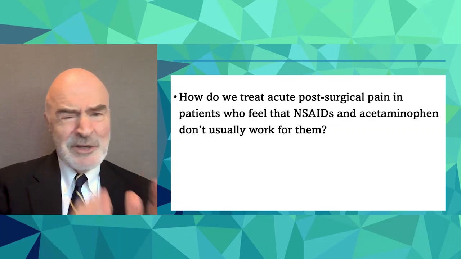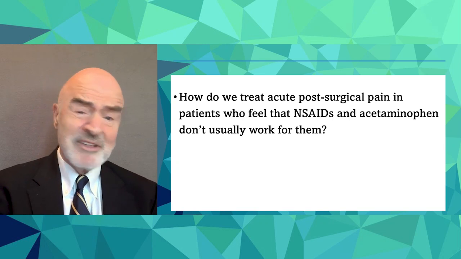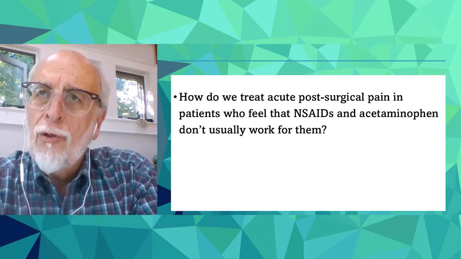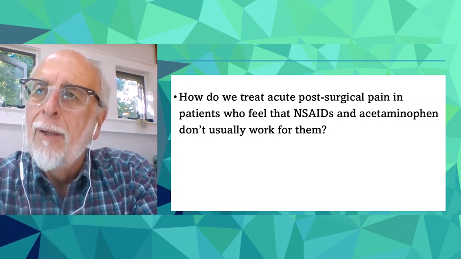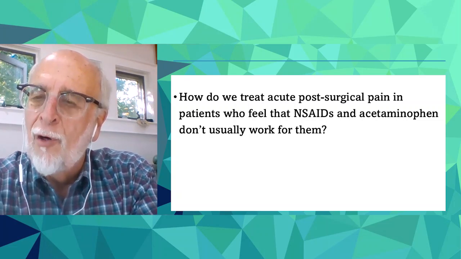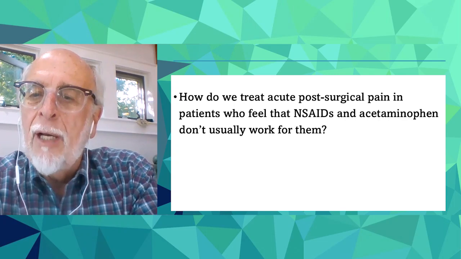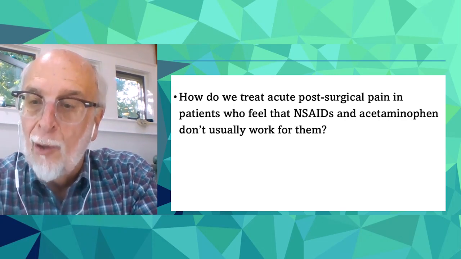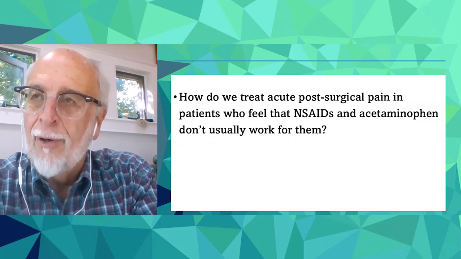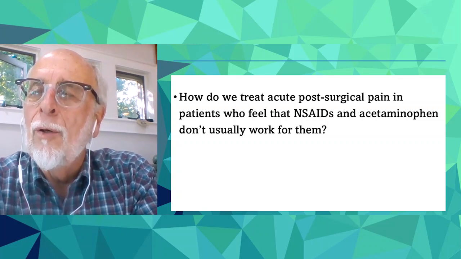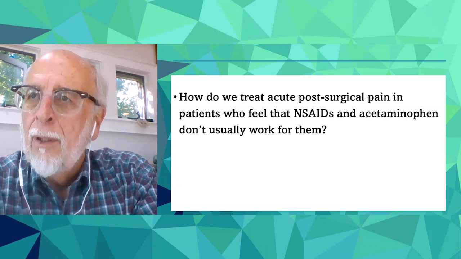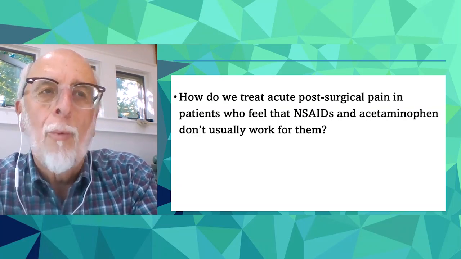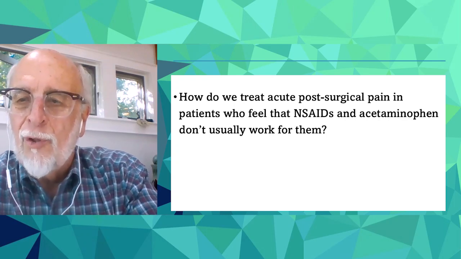How do we treat acute post-surgical pain in patients who feel that NSAIDs and acetaminophen don't usually work for them? So surgeons have learned that there are a couple of alternatives. In some types of soft tissue surgery, surgeons can use long-acting local anesthetics that might last a couple of hours. And in routine oral surgery, with patients who give us that type of history, we'll usually prescribe opioid combinations, but only a day or two supply.